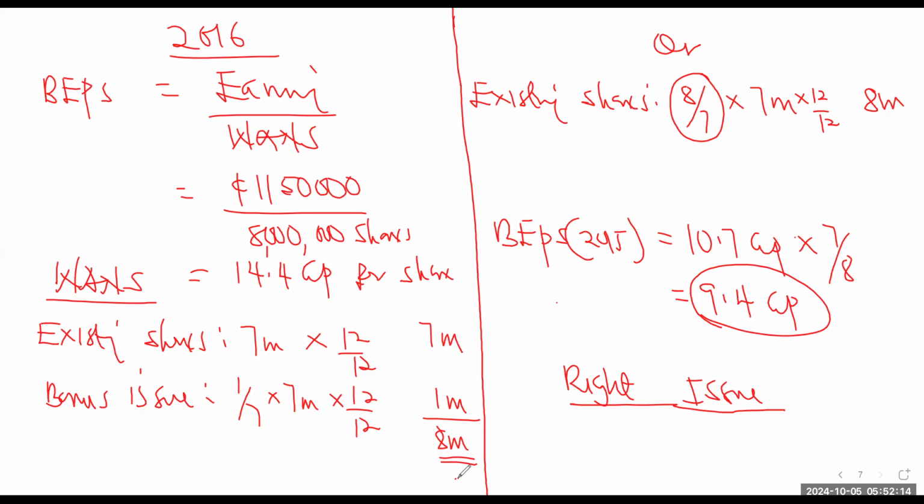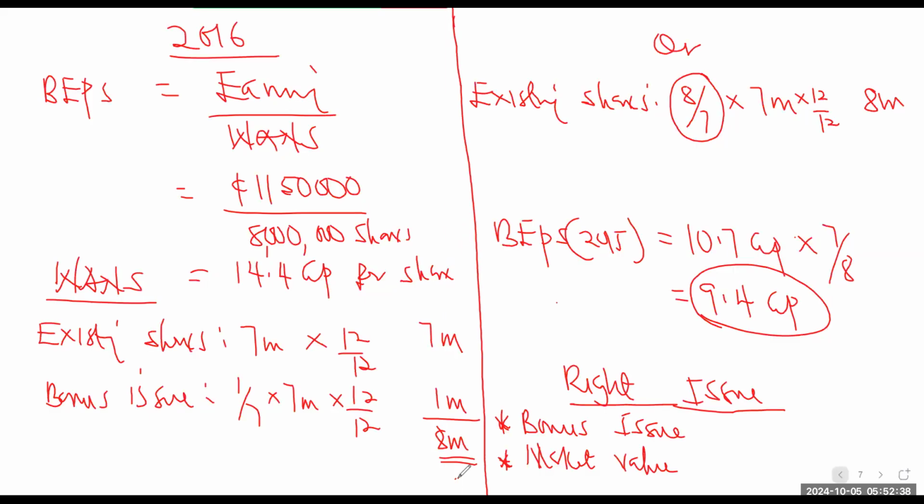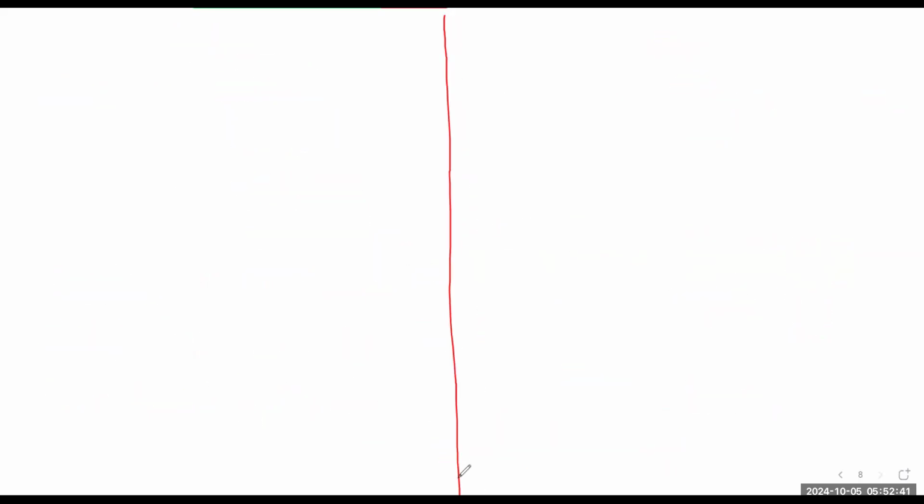So what it means is that the right issue comes with a bonus issue. The right issue has what we call the bonus issue element and also the market value element. The question can tell us that on January 1, the company is having 10,000 shares.